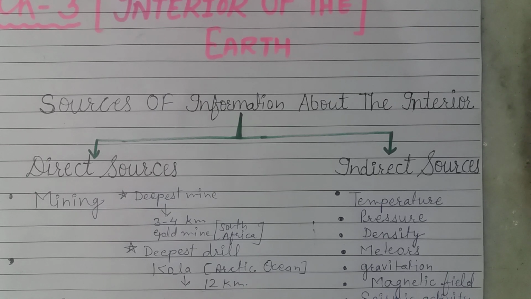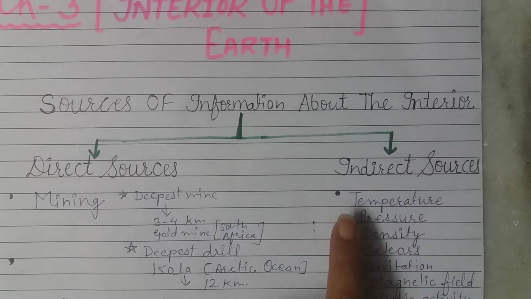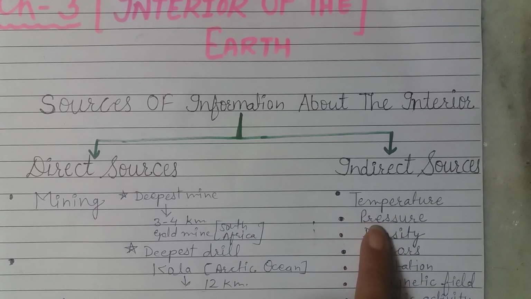The second indirect source is pressure. As the temperature increases, pressure also increases with increasing distance from the surface toward the interior. It is also known that the pressure does not increase uniformly.